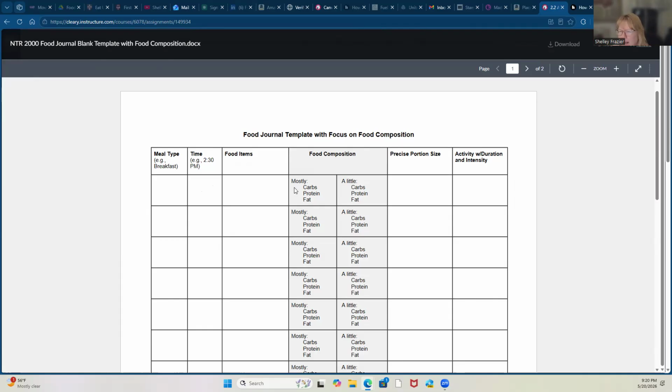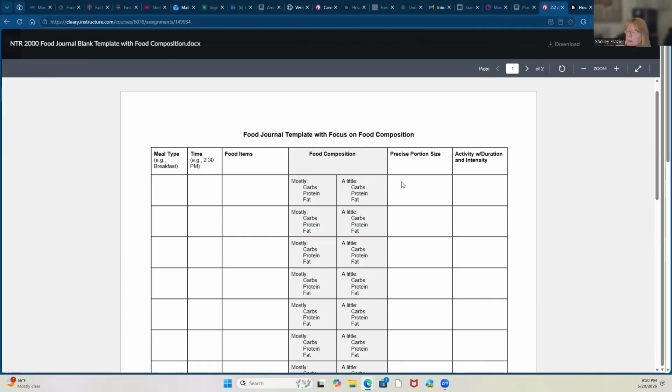If the little check boxes don't show up, you can just circle them or highlight them in a different color, however it works, so that I know what it is. If it's mostly carbs, highlight it or circle it. If it has a little bit of protein in it, mark protein as well, or vice versa. We know eggs are protein, so it's going to be protein. Does it have a little bit of carbs in it? Look to see.